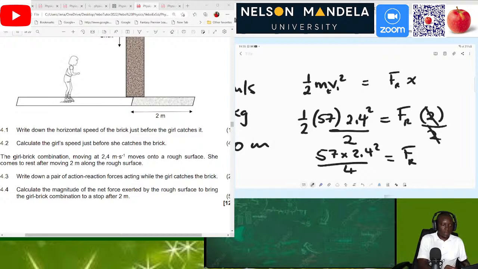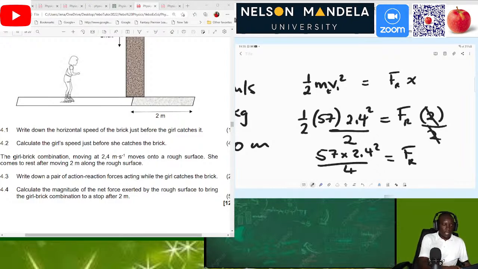So 82.08 is equal to the frictional force. The magnitude of the net force exerted by the rough surface, the net or resultant force resulting in deceleration of this girl brick system, is equal to 82.08 newtons.